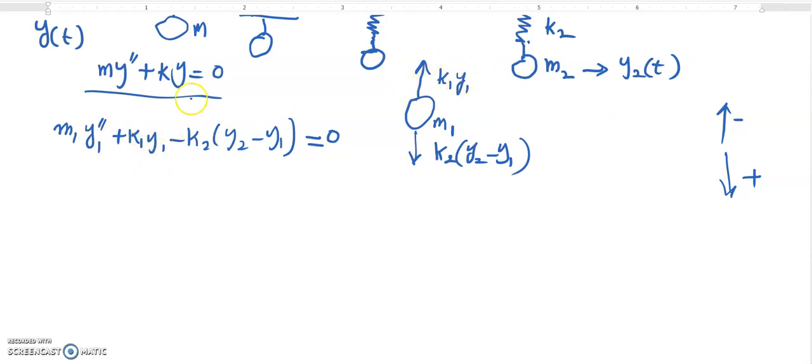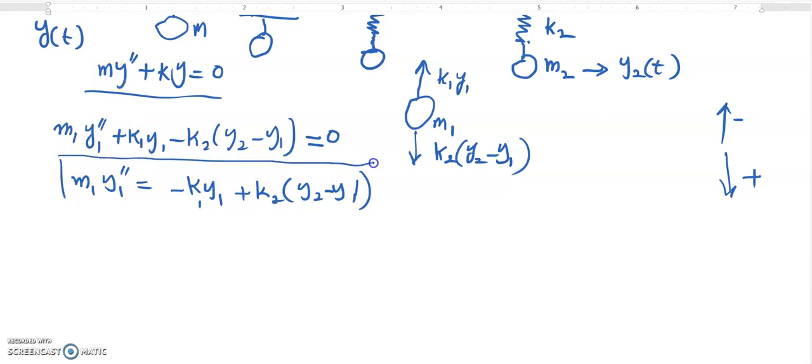Actually, the upward force is negative. So I should have written m1 y1 double prime, minus k1 y1 for the upward force, and then for the downward force k2 (y2 minus y1), which is the same as the first equation. This is just for some explanation.